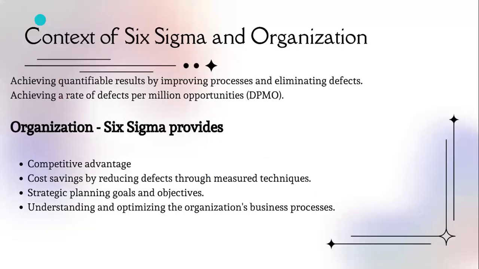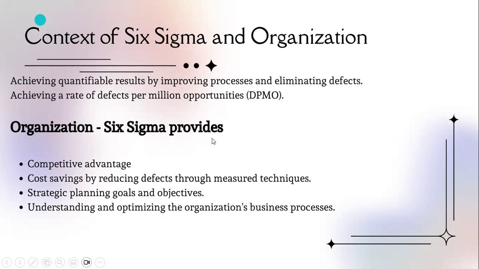Okay, so let us understand what Six Sigma is going to give, and how it gets organized within an organization. For example, when you are implementing Six Sigma, the rate of defects should be reduced to 3.4 per million opportunities.